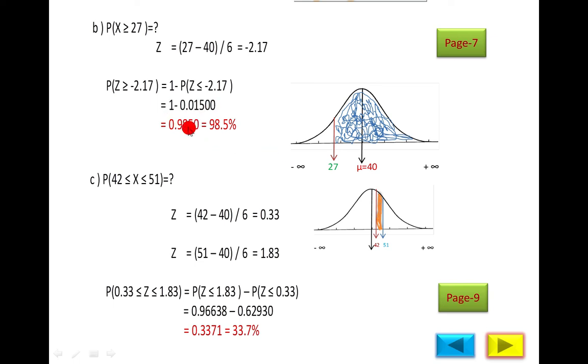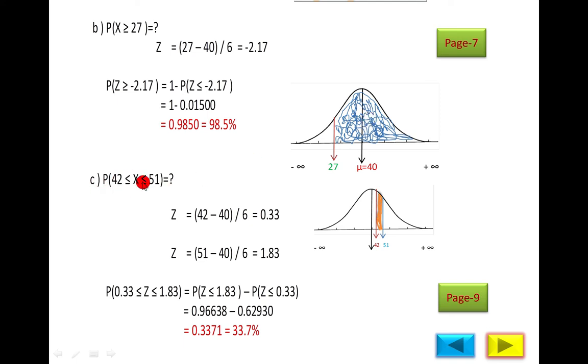Subtract from 1, you will obtain 0.9850. So the probability of the area above 27 is 0.9850, or you can say 98.5% of data is above 27, more than 27 in the collected data.